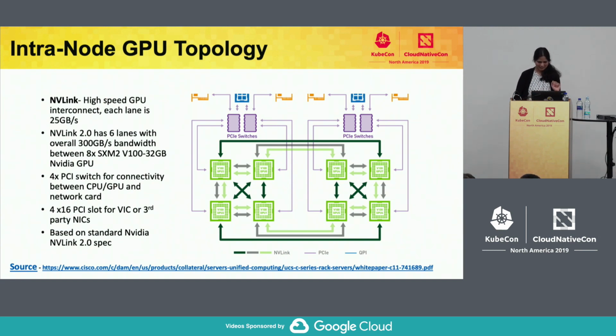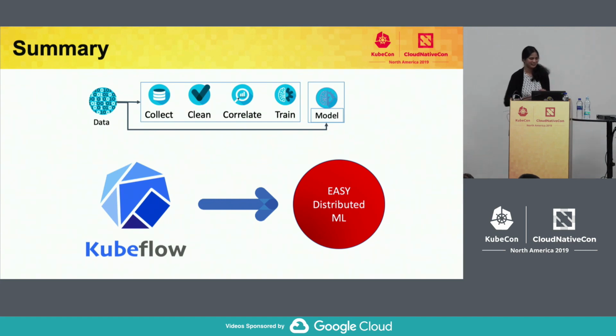I don't think we have time for a demo, so let me conclude quickly. So we saw how Kubeflow lets you take data preprocessing, training, hyperparameter tuning, model serving, any of these tasks in your machine learning workflow, and easily distribute it across multiple nodes, across multiple GPUs, right?